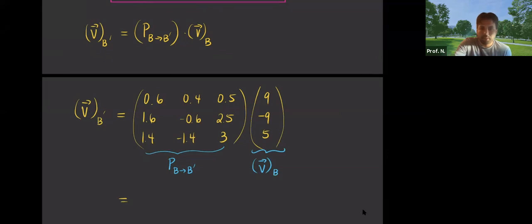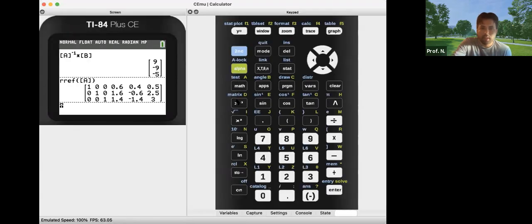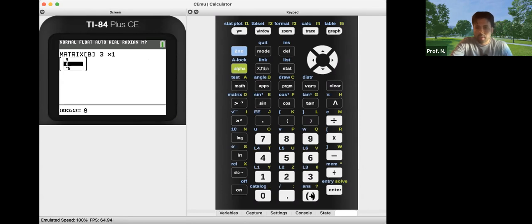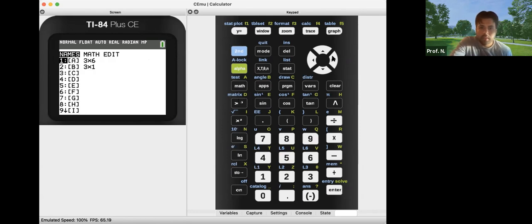So let me do that here. Again, this might be the last time we use this calculator. Let me just edit this one first. So this is 9, negative 9, and then 5. Okay. And then 3 by 3.